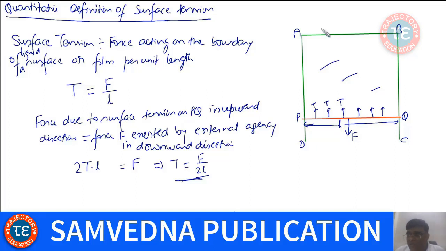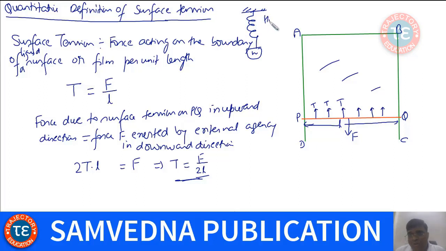But in case of surface tension, we don't have such a thing. It does not depend on how much you stretch the membrane. In case of a spring, the restoring force depends on the extension of the spring. If a spring is stretched more, then the restoring force will be higher.